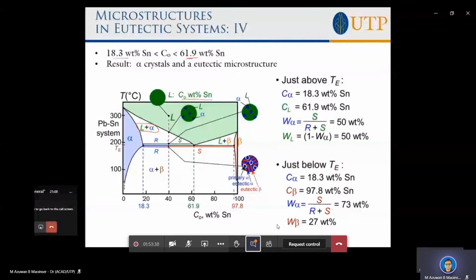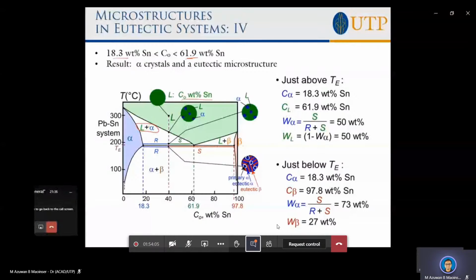And then when you go near to the eutectic line, all your alpha grows, this alpha becomes bigger. Okay, and then remember, before you cross the TE line, the eutectic temperature, although the eutectic reaction happens here, it actually applies at all the temperature.